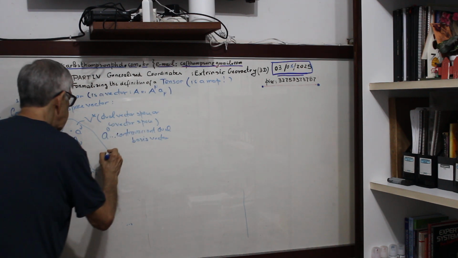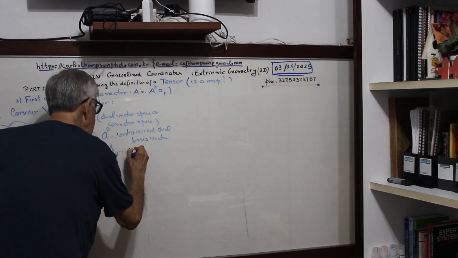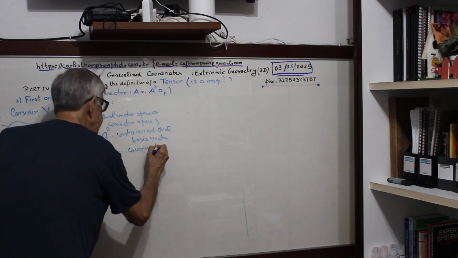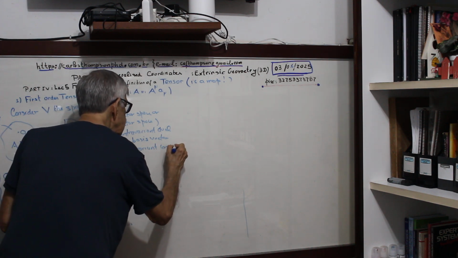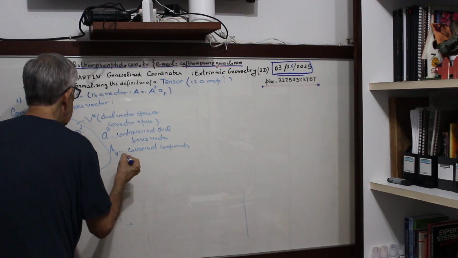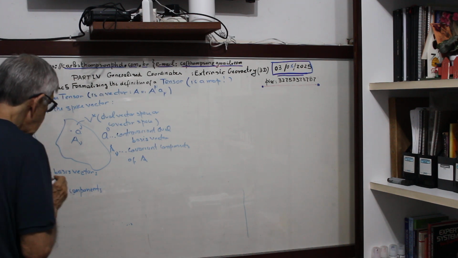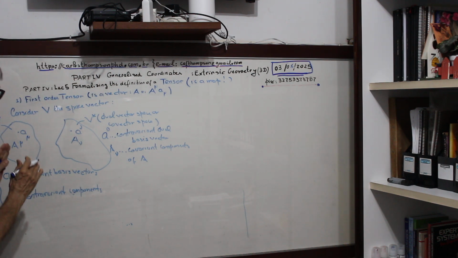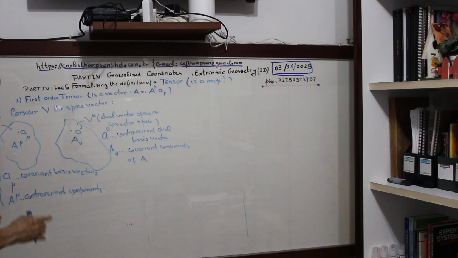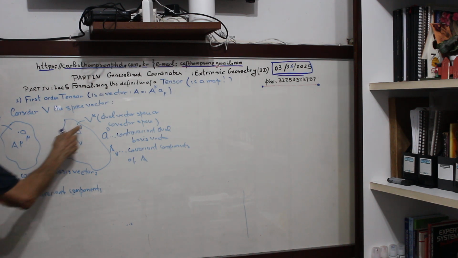Now, A nu is the covariant component of vector A. Now, you see, attention now. Subscript is covariant. Superscript is contravariant. Doesn't matter if it belongs to the V or V star.